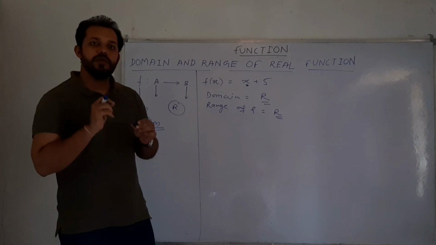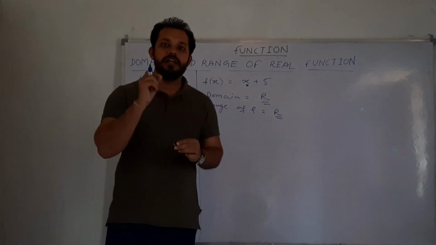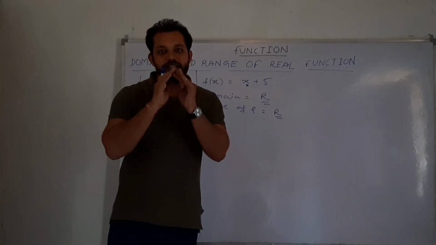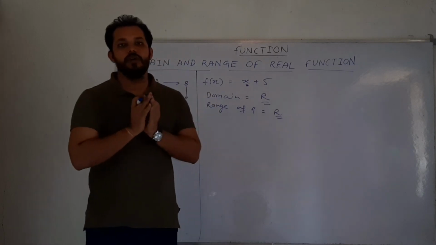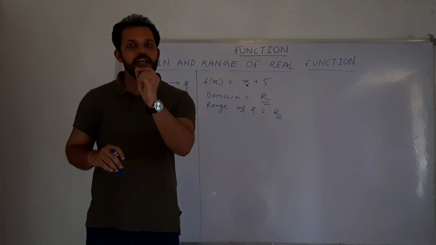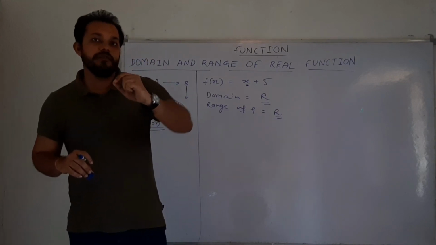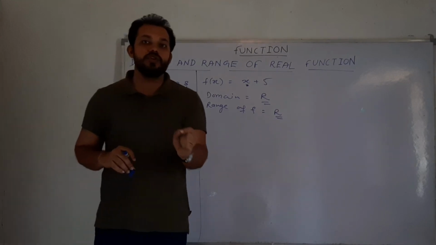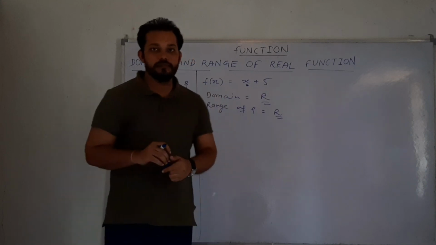That is how we can define the domain and range of a real function. Now I will introduce some critical situations and we will find the domain and range of that function.